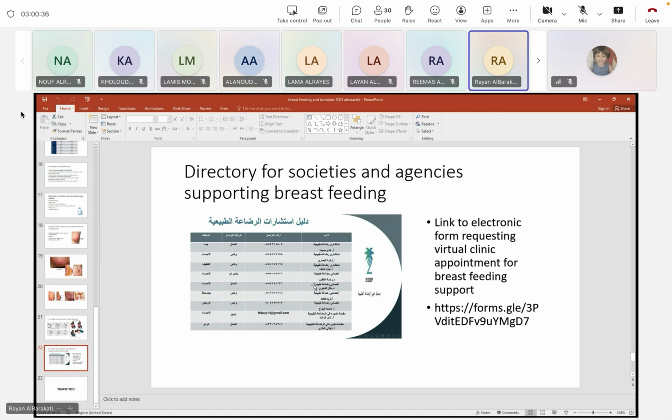Also, these are specialized centers that they can contact where happily and willingly they will give support, even transfer to clinics if needed. So you can use this to refer your patients from clinics, or even your family and friends if they need help.